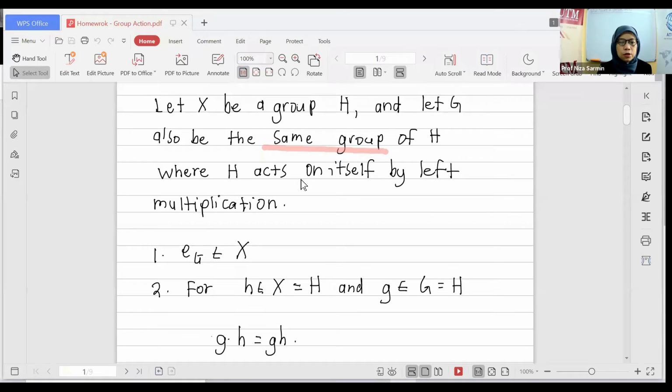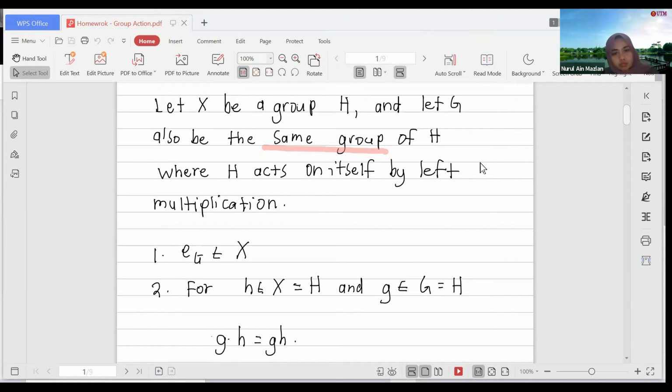Okay. So what is your action? The group, the H. Just the multiplication. Oh yes. Left multiplication. Okay. So X is a group H and G the same group. Okay.